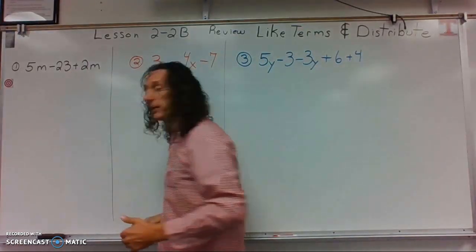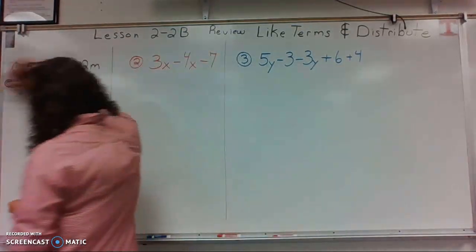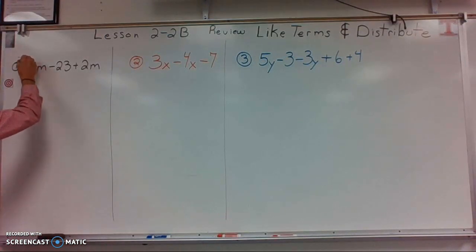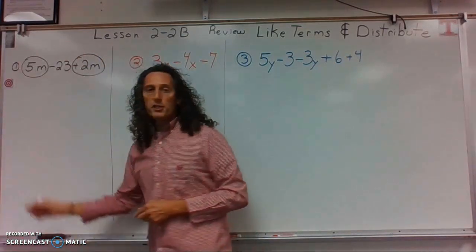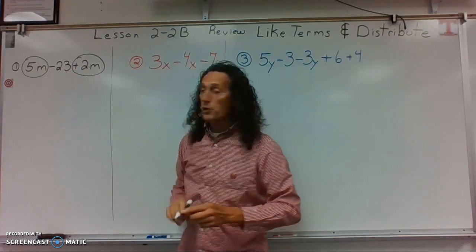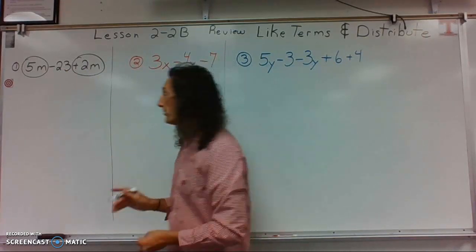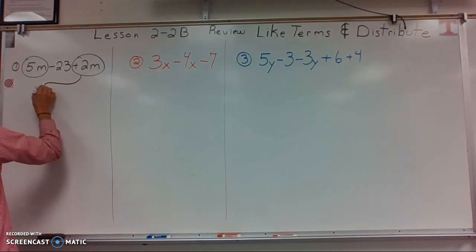So what I'm going to do is get my monkeys together. I'm going to get my variables together. I just put a nice circle around my little monkeys, my 5 monkeys over there and my 2 monkeys. And I'm going to pull them down together and put them over here.